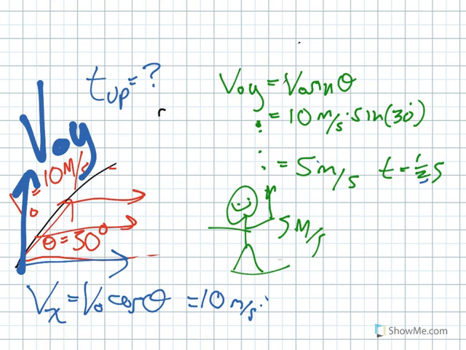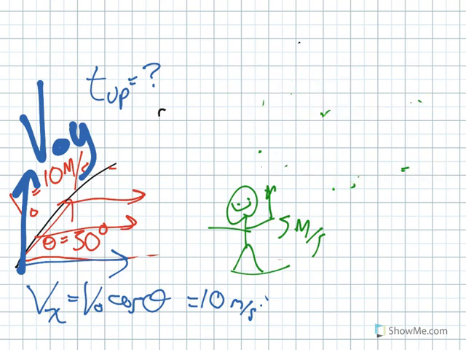For example, what about Vy is equal to V naught sine theta minus G times T? We can do that. I know that at the very highest position, Vy is 0.